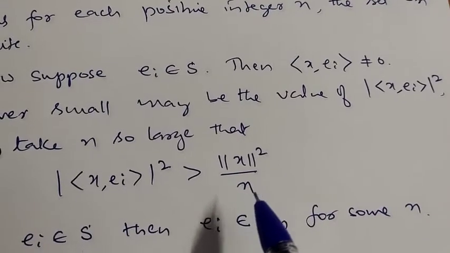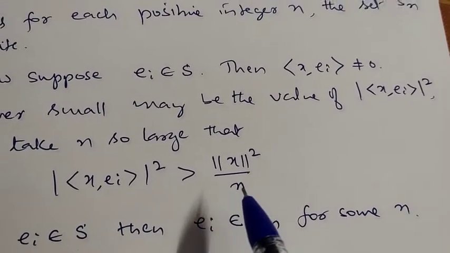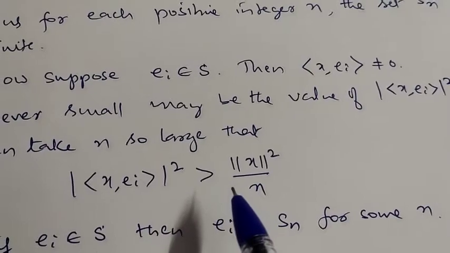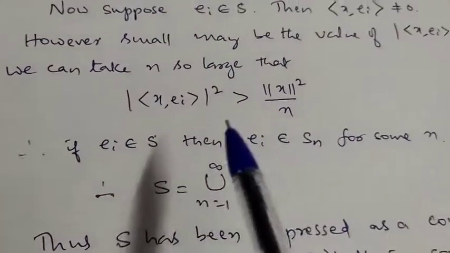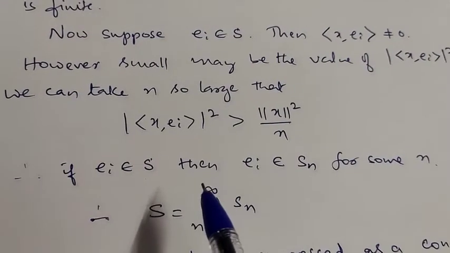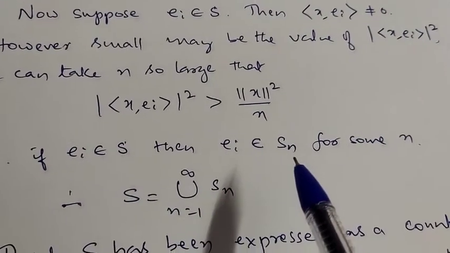If you choose n so large, we can make this inequality. Therefore, if e_i belongs to S, then e_i belongs to S_n.